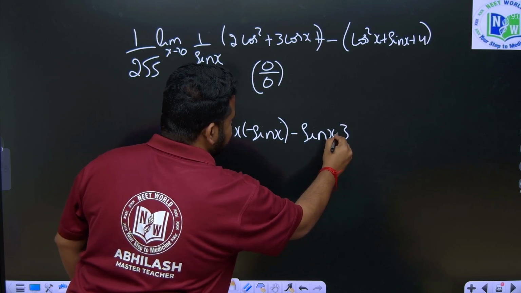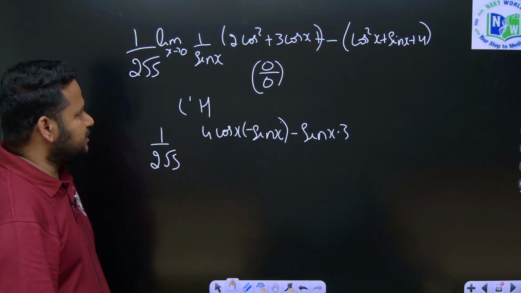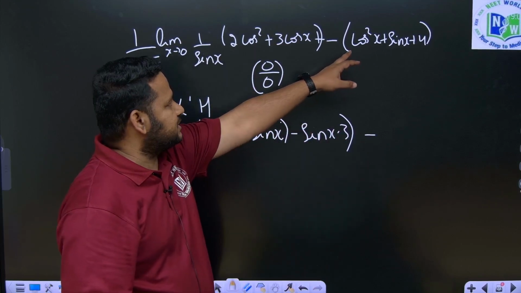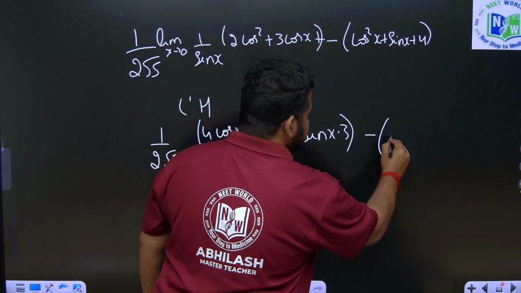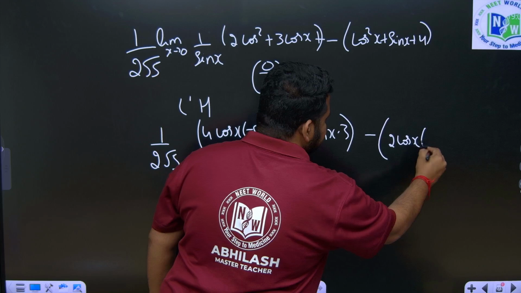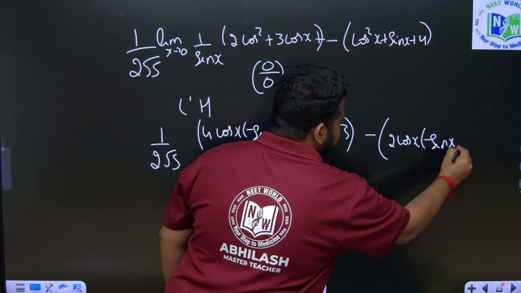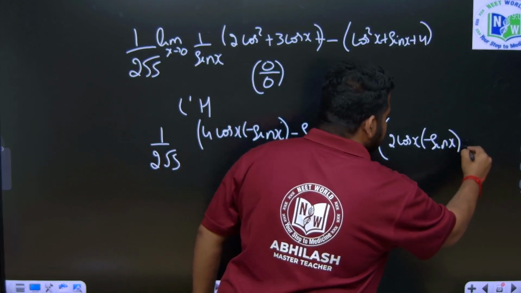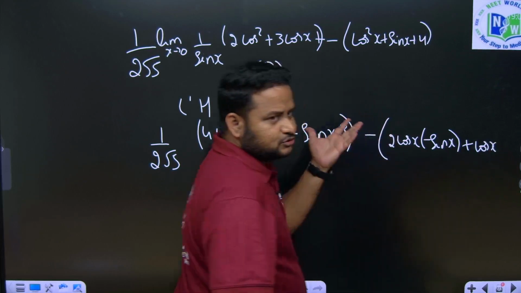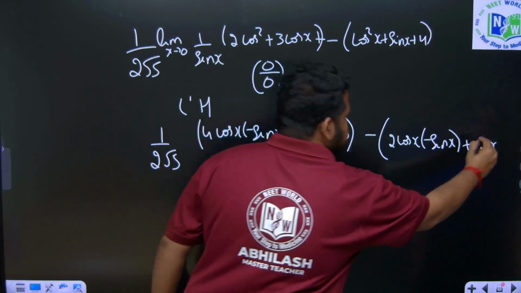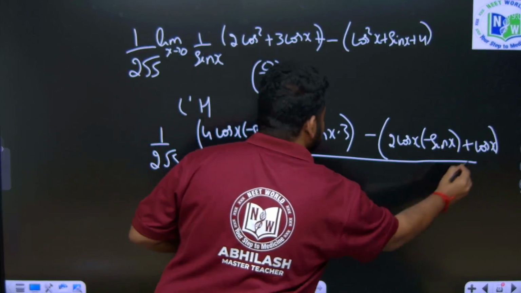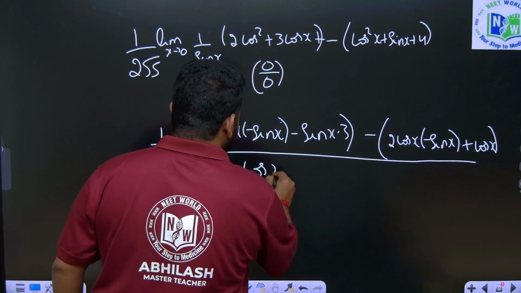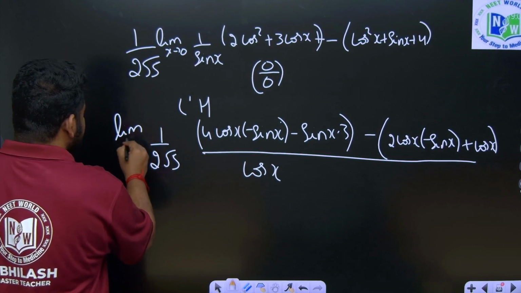Then derivative of cos square x is 2 cos x into derivative of cos x, which is minus sin x. Next, derivative of sin x is cos x, and derivative of 4, since it is constant, is 0, got it. Now the derivative of the denominator sin x is cos x. Now I'll apply limit as x tends to 0.